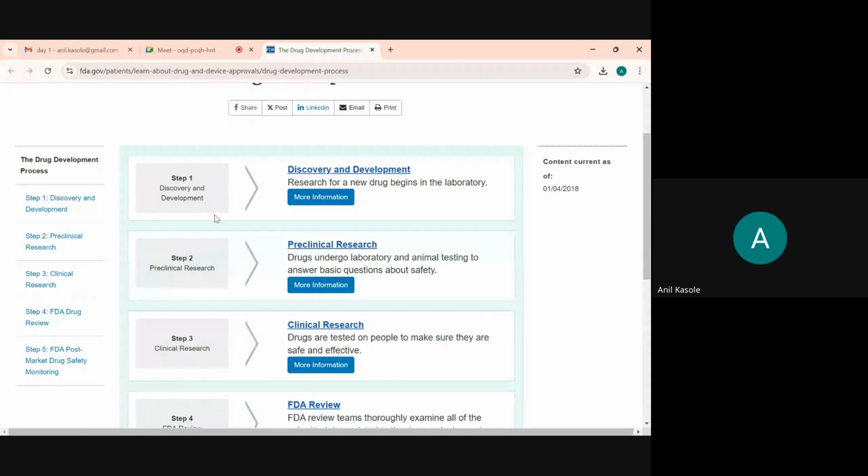FDA tells the manufacturing industry to go for preclinical research. Here the drugs undergo laboratory testing and, as mentioned, animal testing, and answer the basic questions about safety.